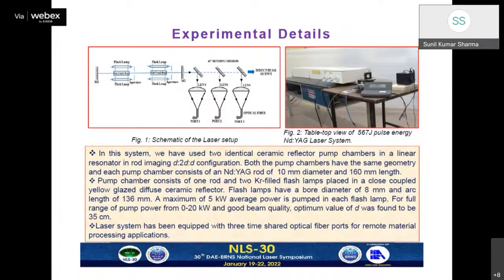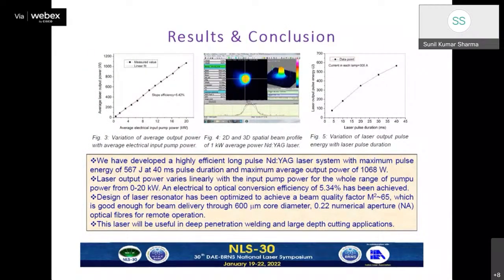Can you go to the next slide? As laser output power varies linearly with the input power for the whole range of 20 kilowatt, in this system we get 5.34% electrical to optical efficiency, and a maximum average power of 1068 watt at 4 millisecond pulse width and 24.5 hertz.